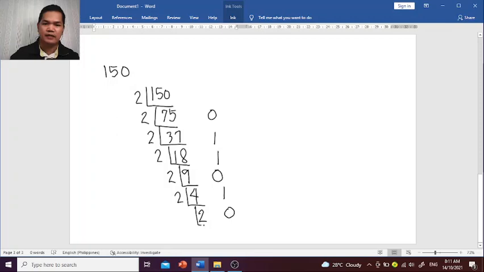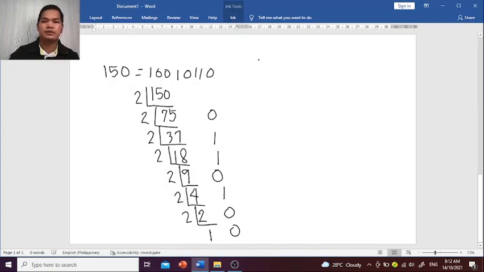And 2 divided by 2 is equal to 1, remainder 0. So, the equivalent of 150 is 1, 0, 0, 1, 0, 1, 1, 0 in binary.